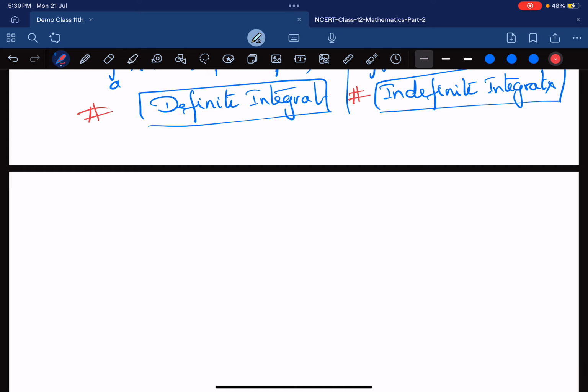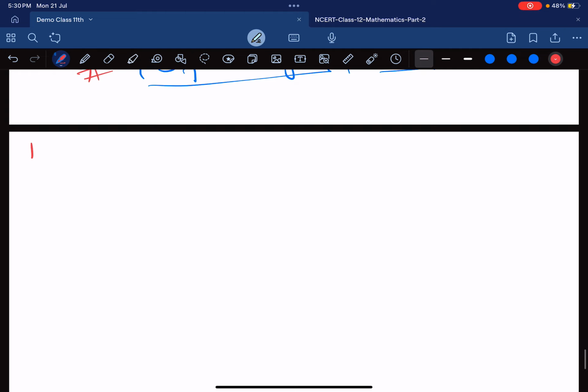Now we'll discuss the geometrical representation of integrals, the geometrical interpretation of indefinite integrals.